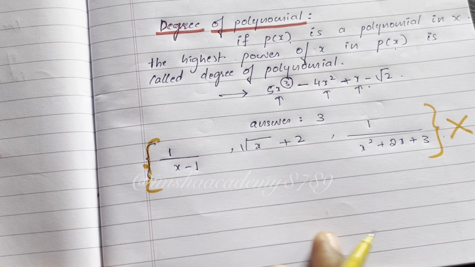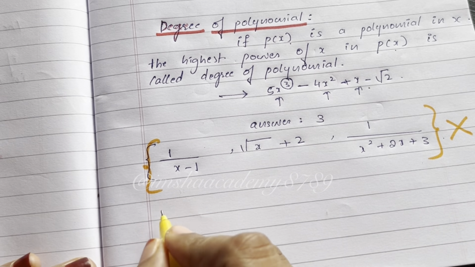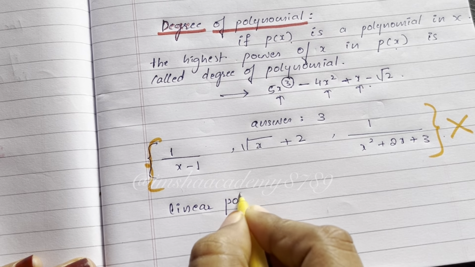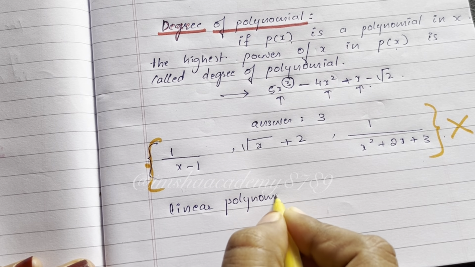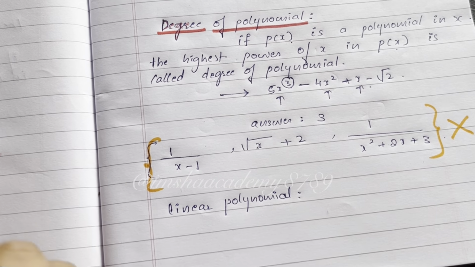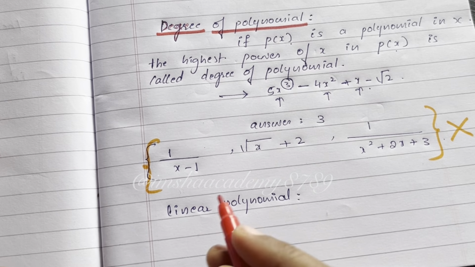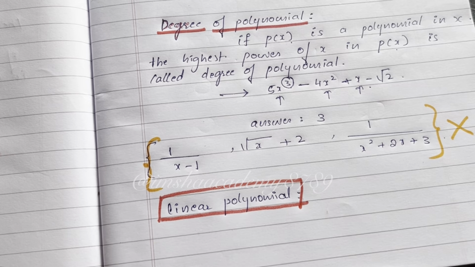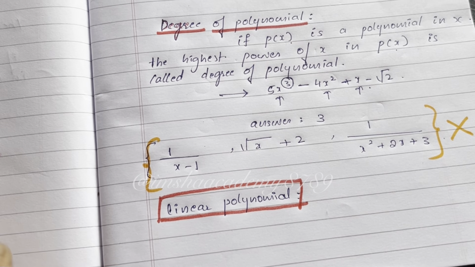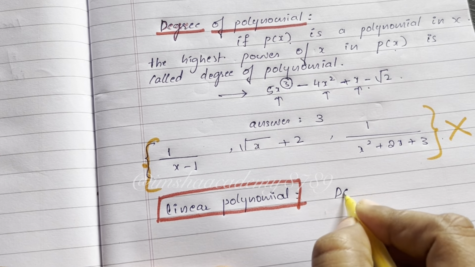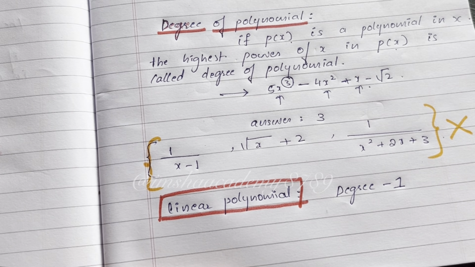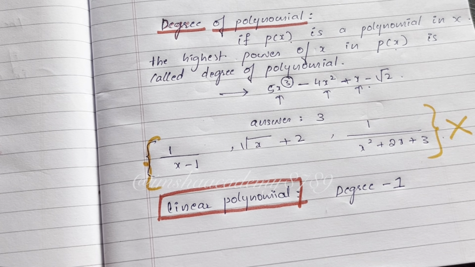Now, let us move to the next concept, that is linear polynomial. So, what is a linear polynomial? A polynomial of degree 1 is called a linear polynomial.